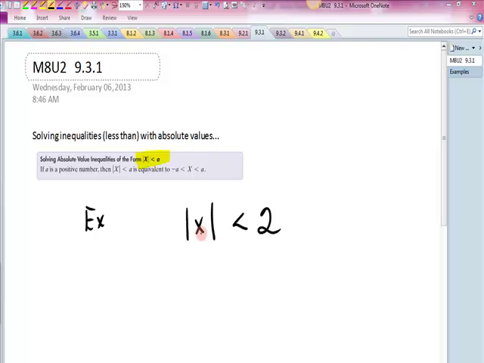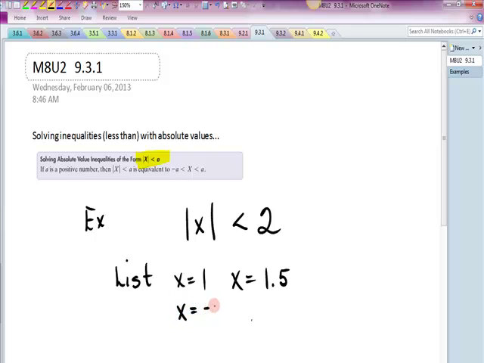Numbers that have an absolute value that's less than 2. This is not the answer. This is a list of some numbers that would be answers. X could be 1 because the absolute value of 1 is less than 2. X could be 1.5 because the absolute value of 1.5 is 1.5, and that's smaller than 2.